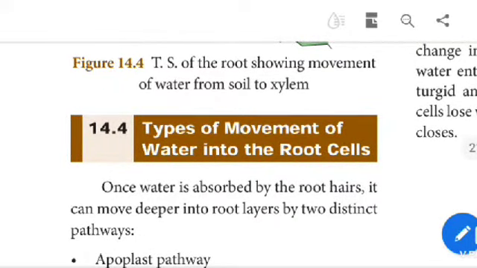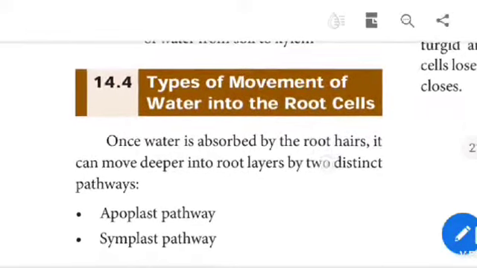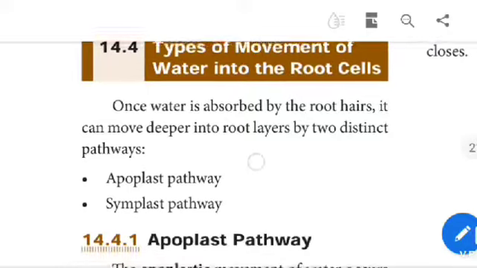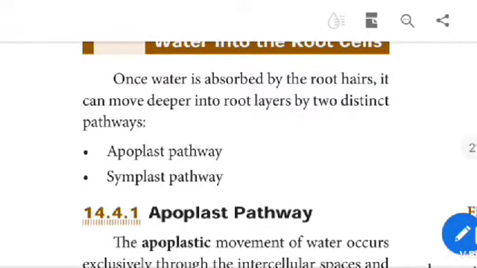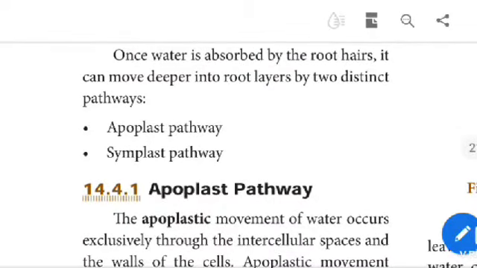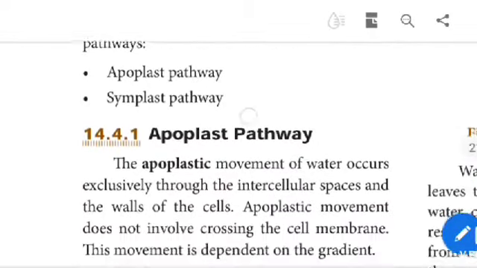Types of movement of water into the root cell. Once water is absorbed by the root hairs, it can move deeper into the root layers by two distinct pathways: the apoplastic pathway and the symplastic pathway.